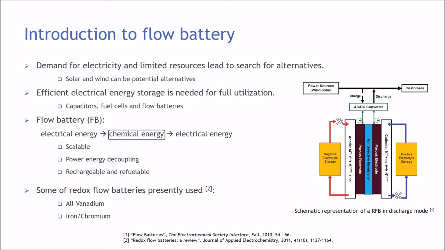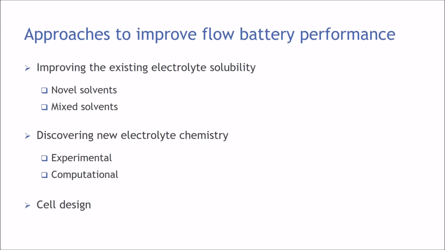Flow batteries are also rechargeable and refuelable. Vanadium flow battery is the most widely used flow battery technology, which has very low energy density compared to secondary batteries. So let's see how we can improve the flow battery performance.